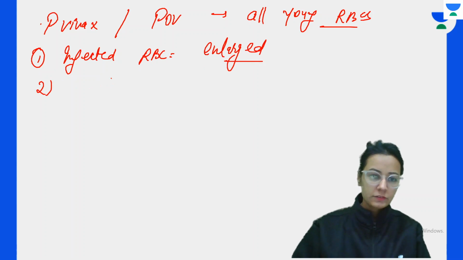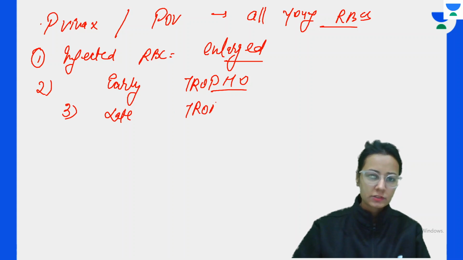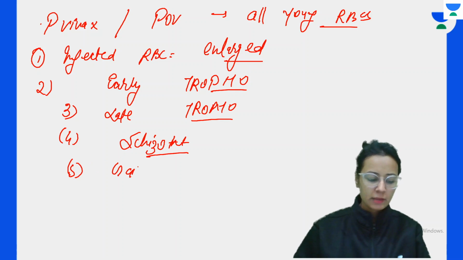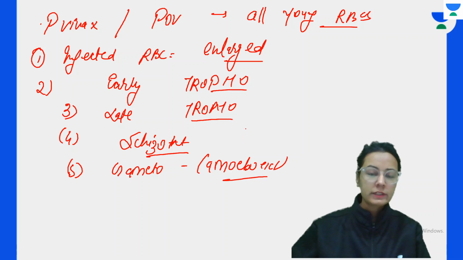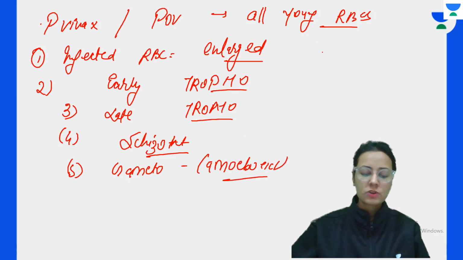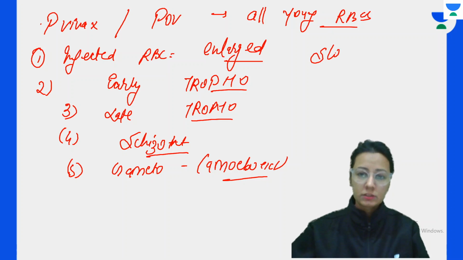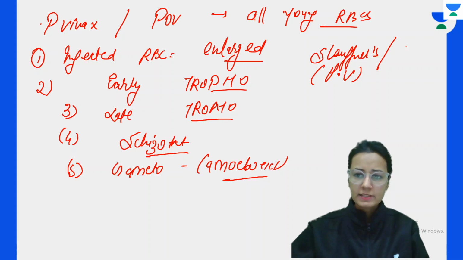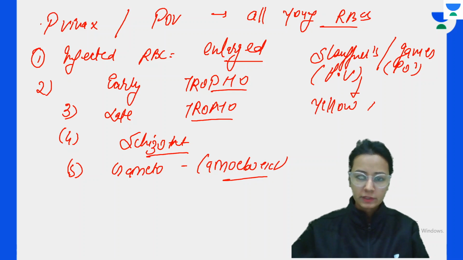Then we have the early trophozoite stage, the late trophozoite stage, the schizont stage, and the gametocyte stage, that is the amoeboid form. And we have Schuffner's dot in case of Vivax, and James dot in ovale, which give the yellow pigment.